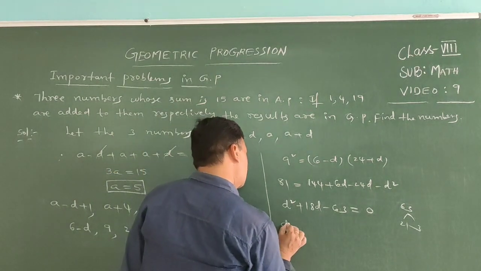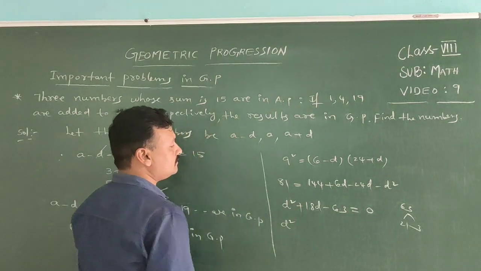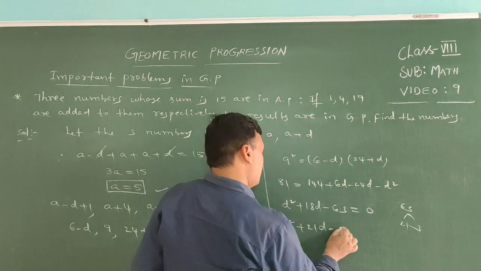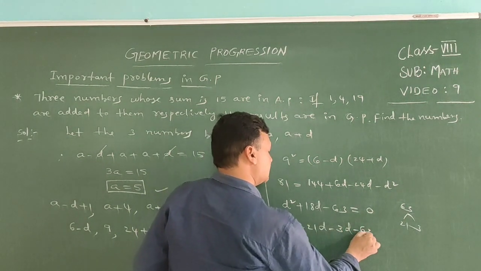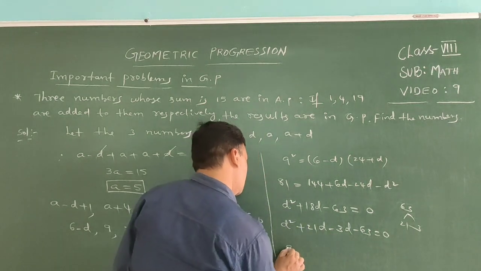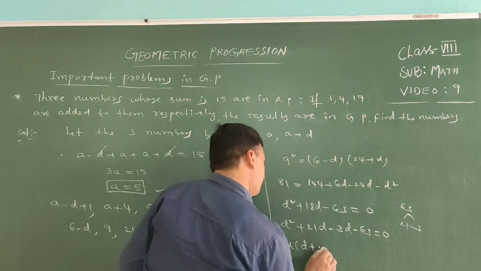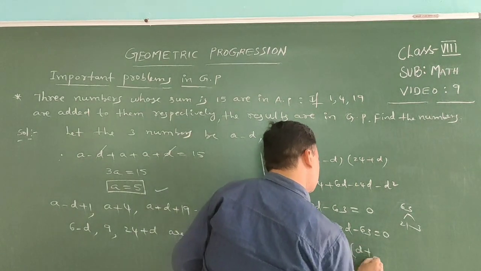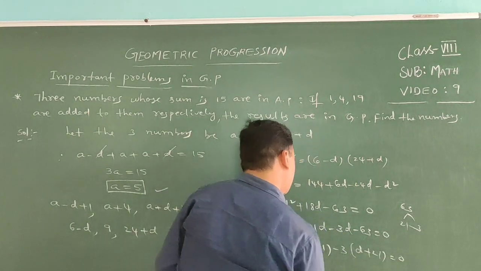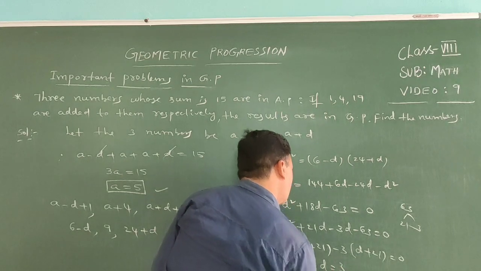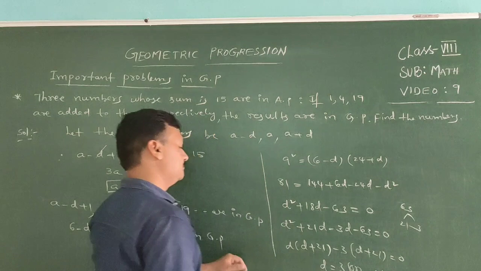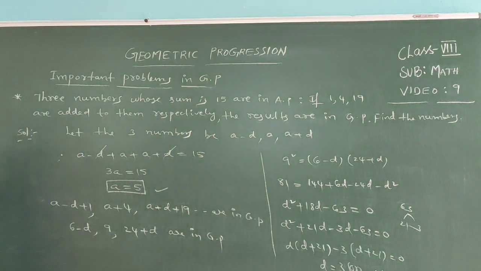So D square plus 21 minus 3D minus 63. D plus 21 into D minus 3. Here also D plus 21 equal to 0. D equal to 3 or minus 21.